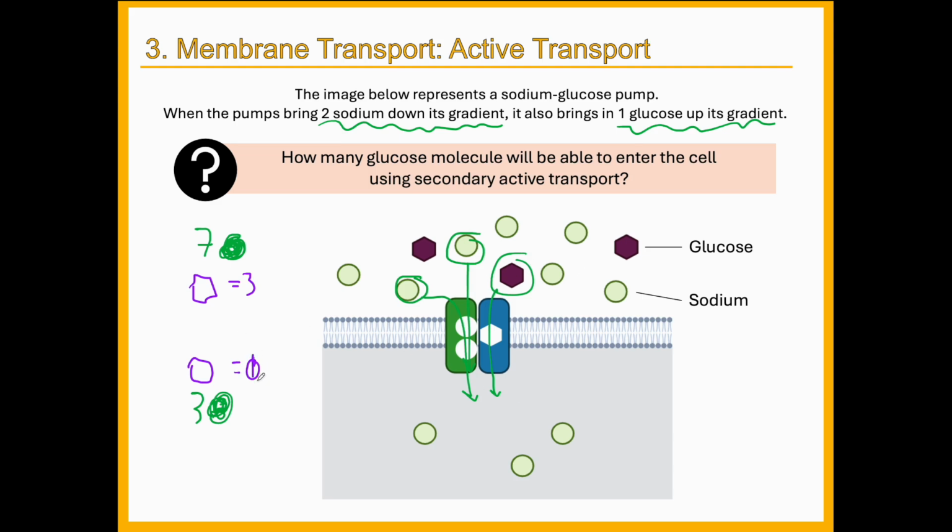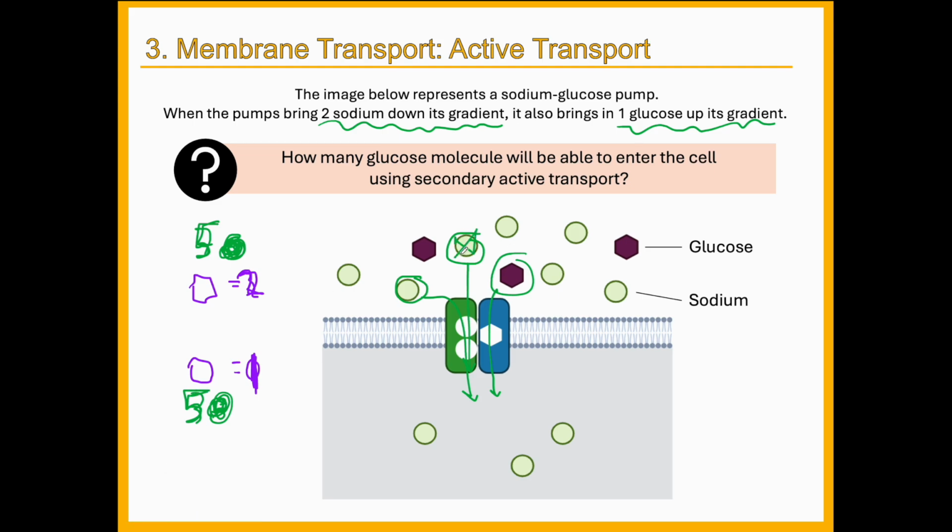So now I'm going to have 1 glucose on this side, and 2 on this side because I subtracted. And then I'm bringing these 2 sodiums over to this side. That's going to cost me: as I bring those 2 over, I'm going to go down from 7 to 6, 5. This is going to turn to 5. And this is going to turn 3, 4, 5. I'm going to get 5 and 5.